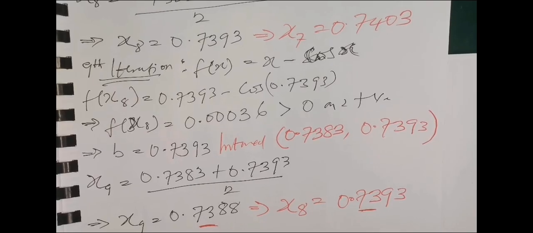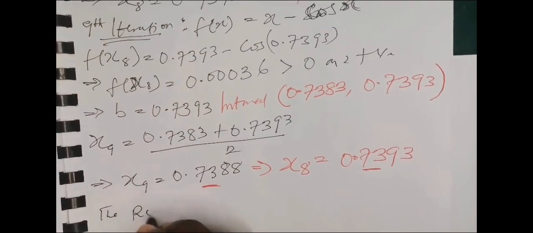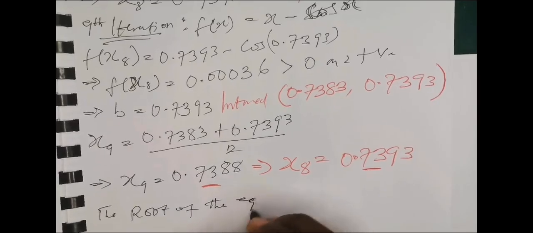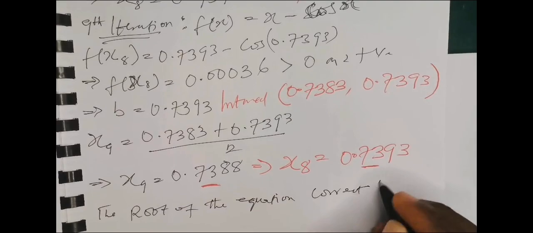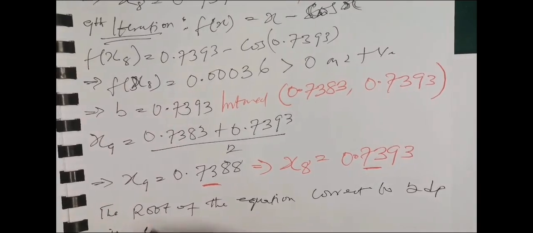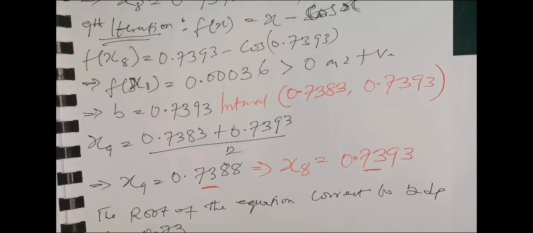Therefore the root of the equation correct to 2 decimal places is 0.73, and that's the answer.